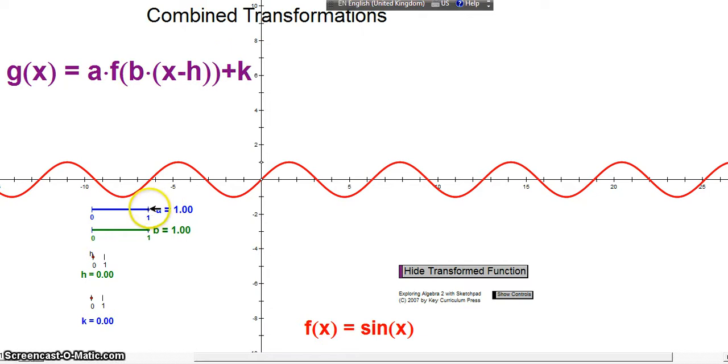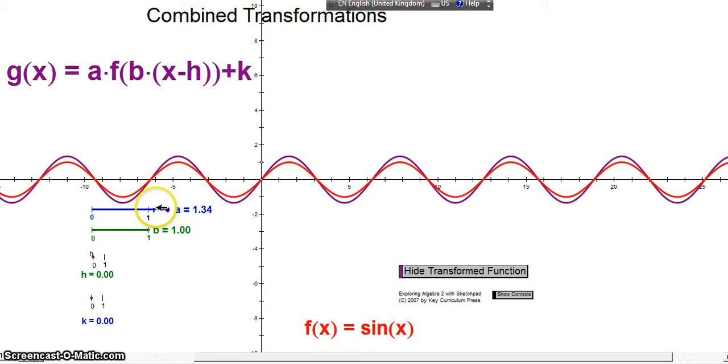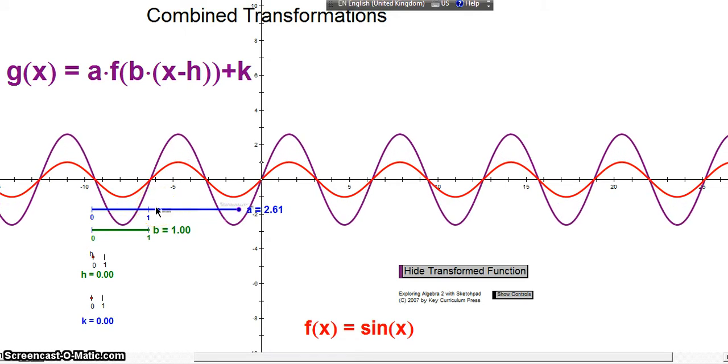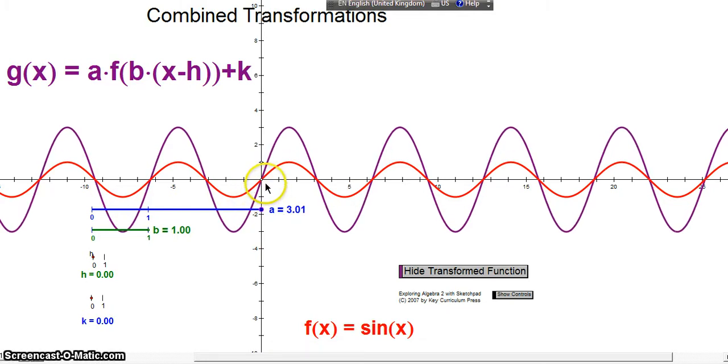But now if I change 1 to a bigger number, as I drag it, see what happens to my sine function. Well, it gets stretched vertically. All right? But one thing doesn't change: the 0s don't change, because 0, if you stretch it, is still 0. Stretch means you multiply by its value. So let me make the a value equal to 3 now.